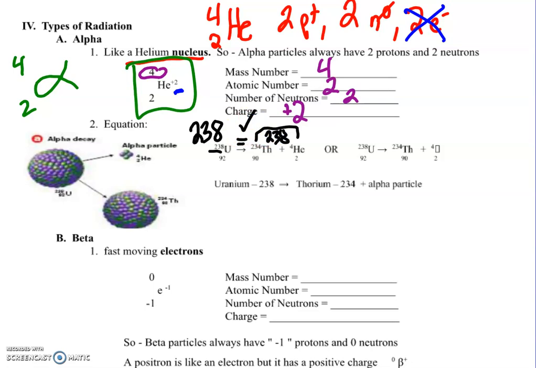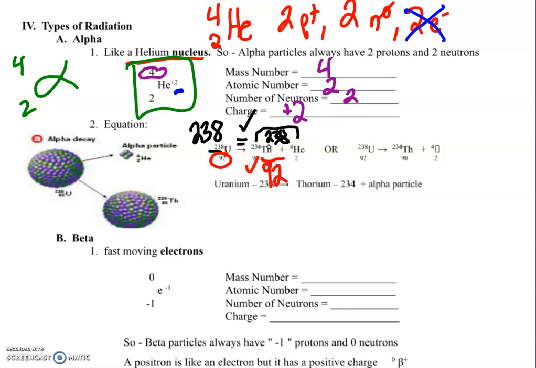Yes. The second thing to call your attention to is that we also will be conserving the atomic number or the charge. So uranium on the left has a charge of 92. There's 92 protons. And look at the right. Thorium has 90 protons, and the alpha particle has 2 protons. That's also 92.